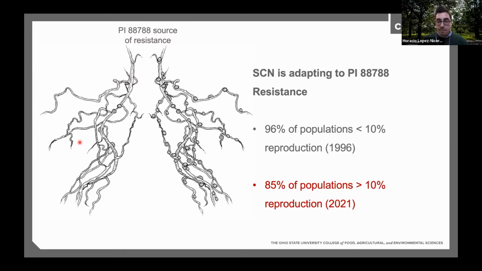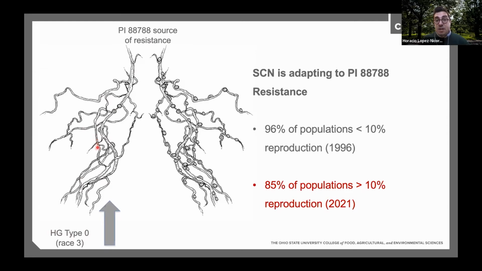So at the beginning, this was great, because for the population of soybean cyst nematode that we have, that wild type HG type 0 or race 3, with cultivars that had PI 88788, we were doing a very good job at managing this problem.